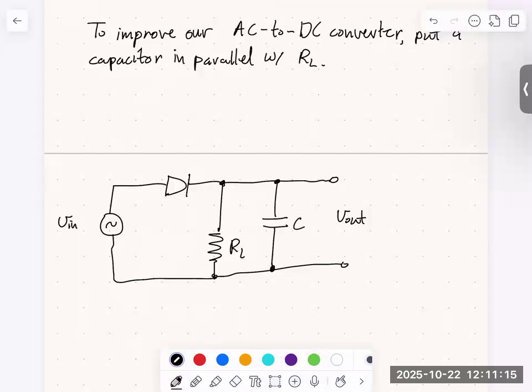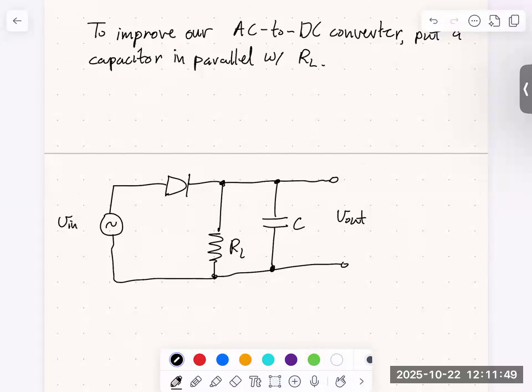So just to get an idea of what's going to happen, notice that RL and C are in parallel. So that means they're always going to have the same voltage. So while the diode is conducting, we're going to get a current through this RL. That's going to make some non-zero voltage across the output. The capacitor is going to charge to whatever voltage it needs to match what the voltage across RL is. But then when the diode's not conducting, we get an open circuit where the diode is.